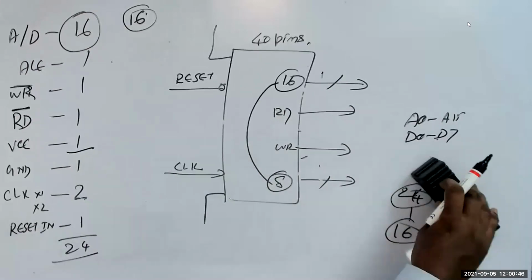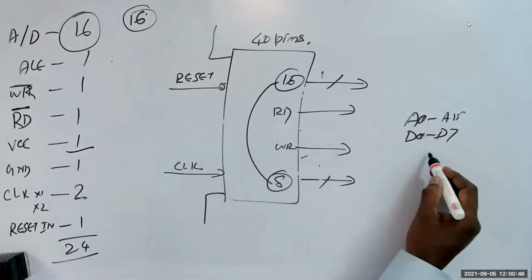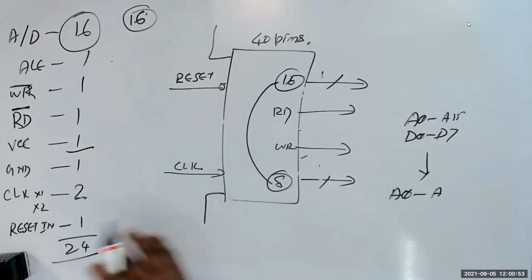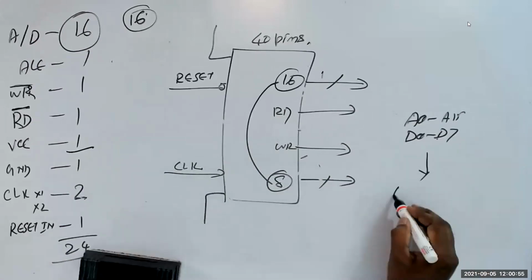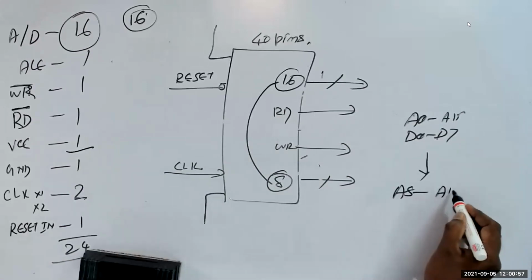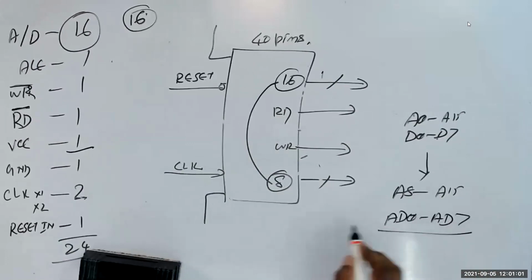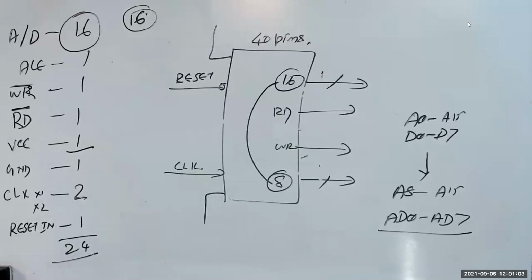When it is coming out in 8085, it comes out as A8 to A15 and AD0 to AD7.